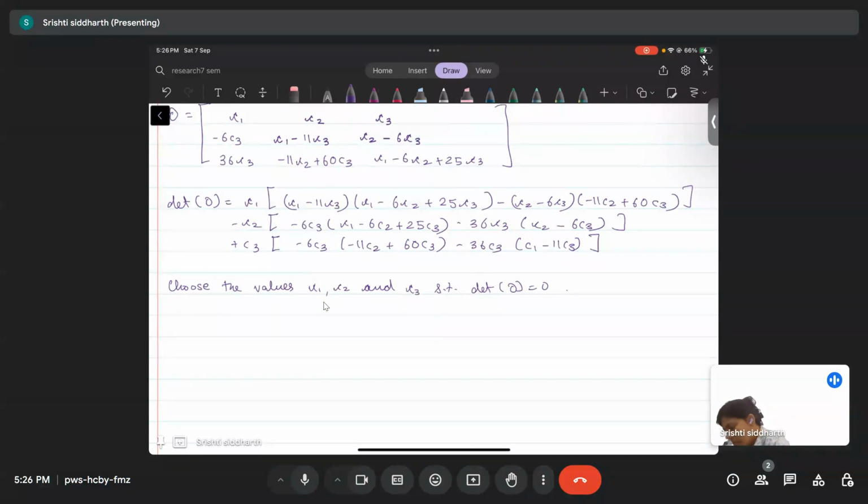What we can do is consider C1 equals 1 and C2 equals, for example, 0. The objective is to find C3.